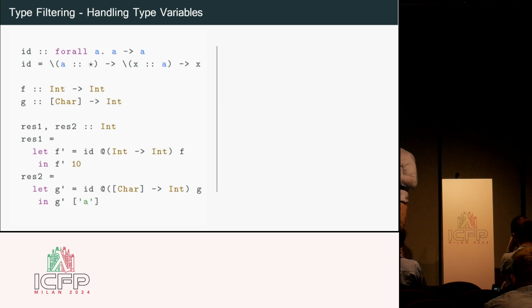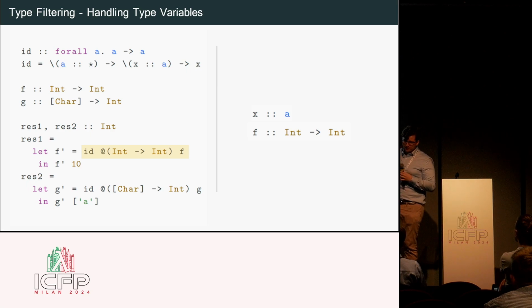Something that I didn't mention is in the previous example, we actually have an application of ID to F. And what that causes is the value bound to F to flow into X. And if you look at these types, they aren't exactly the same, because one of them is a type variable, one of them is a ground type. So why are we allowed to flow F into X?